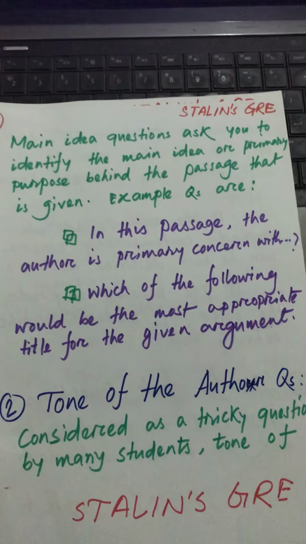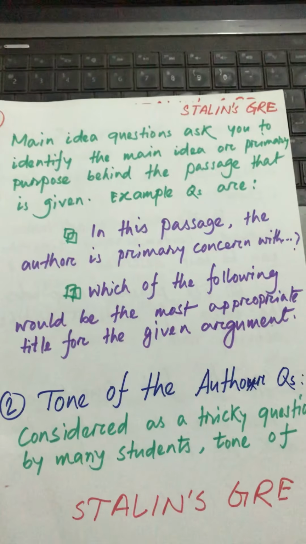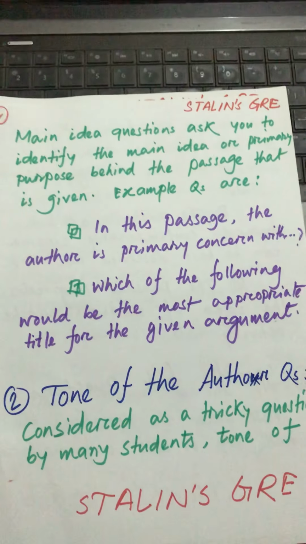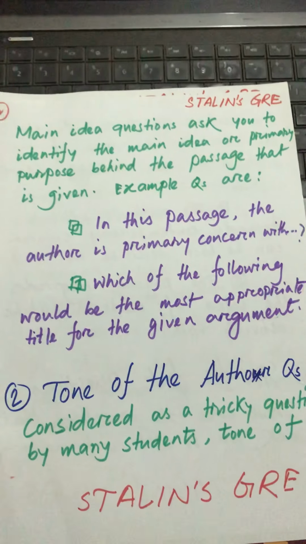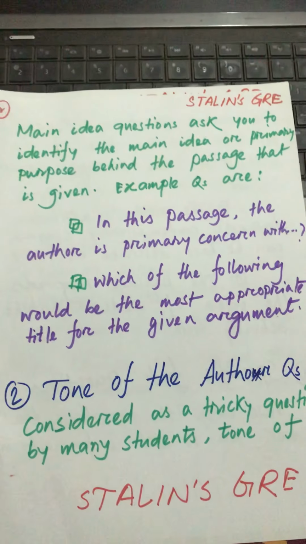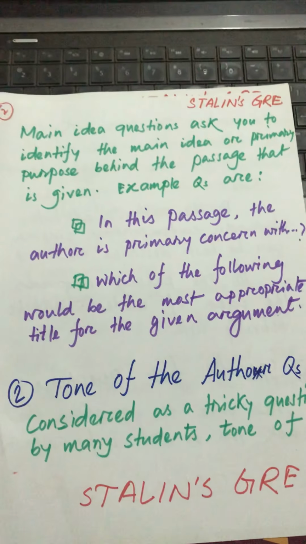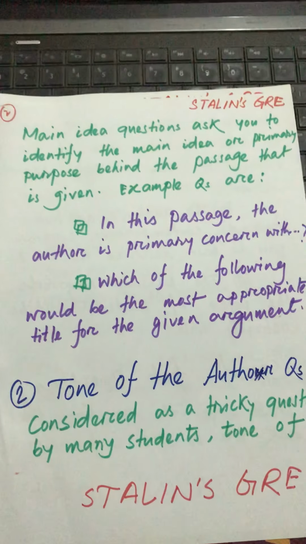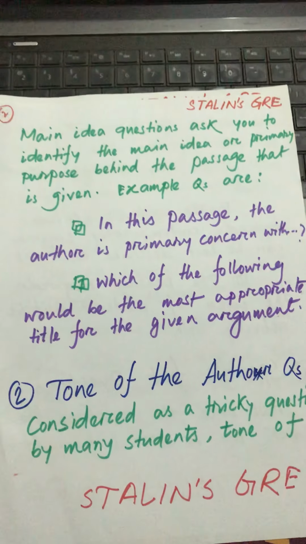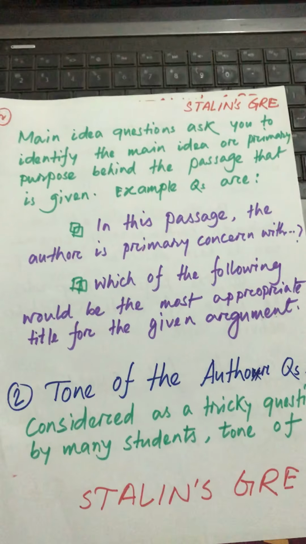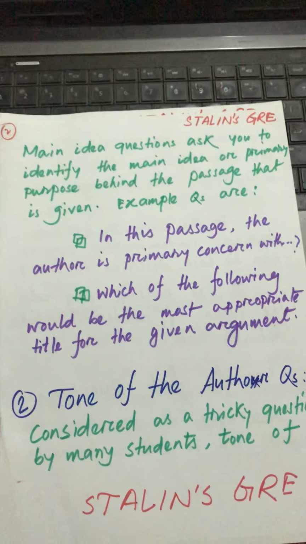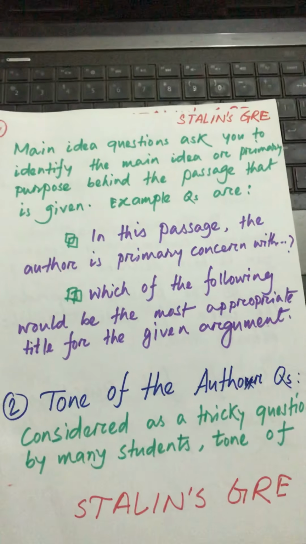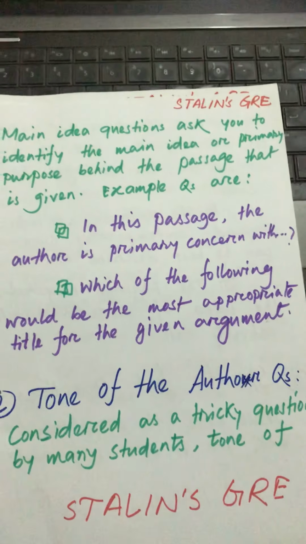When I tell my students to read GRE RCs or articles, I tell them to identify the main idea or the primary purpose of the passage. So when you read an article, you have to try to find the main idea or primary purpose. That will help you identify it when you face the GRE RC sections. So you have to practice this.